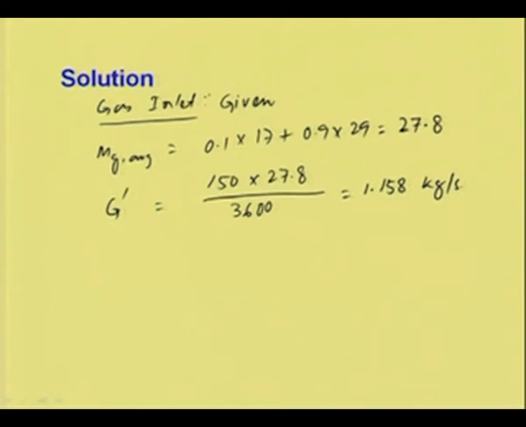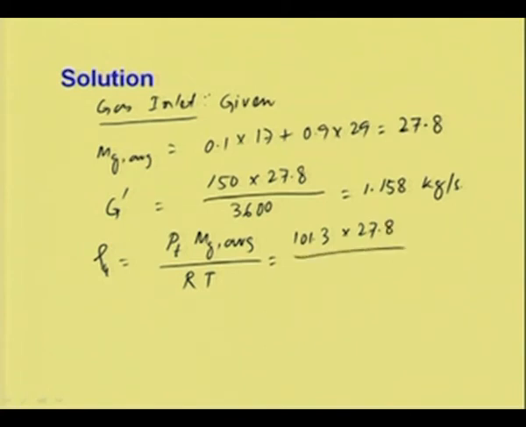Rho g is PT, the total pressure, into Mg average by RT, which is equal to 101.3 into 27.8 divided by 8.314 into 298 Kelvin, which is equal to 1.137 kg per meter cube.